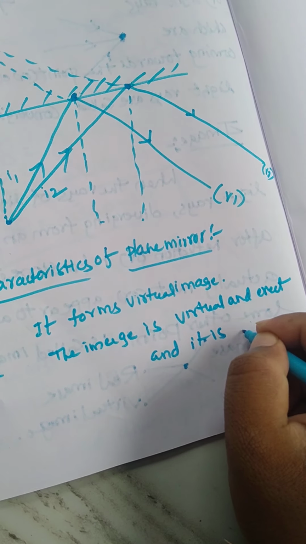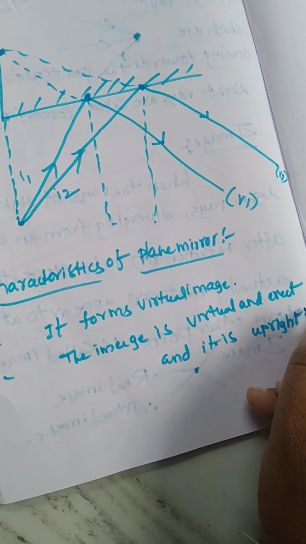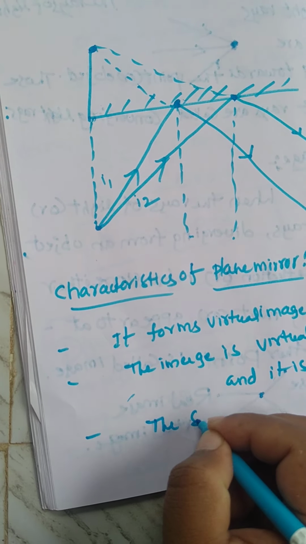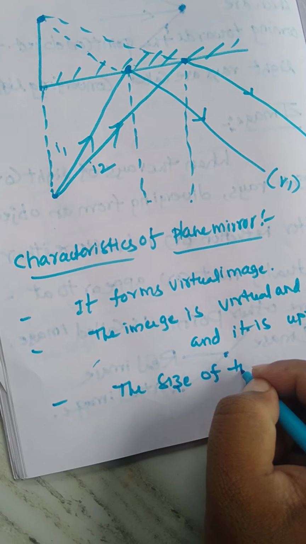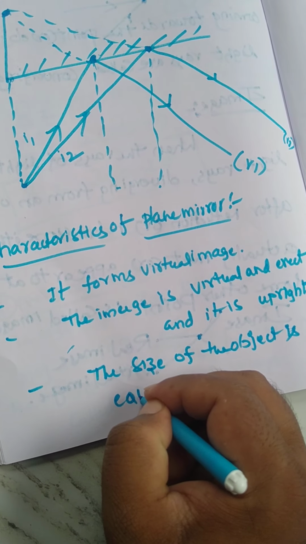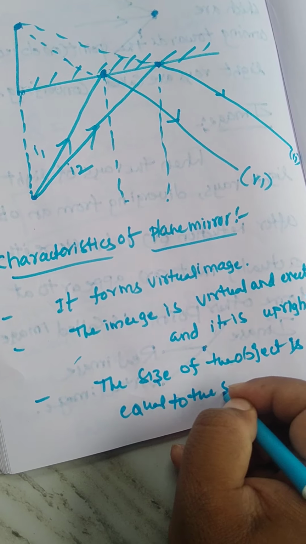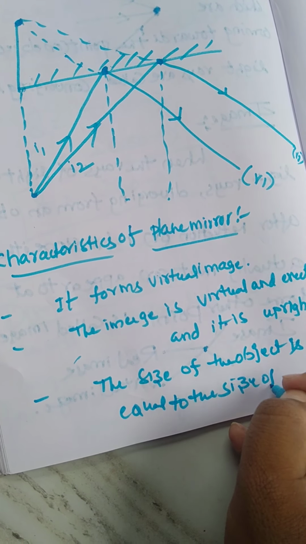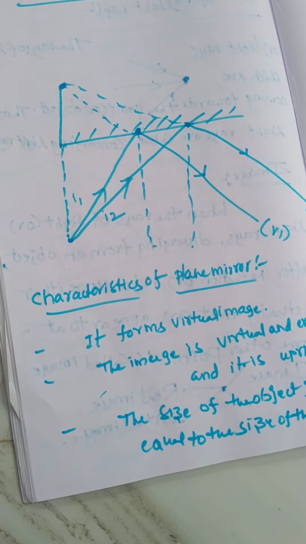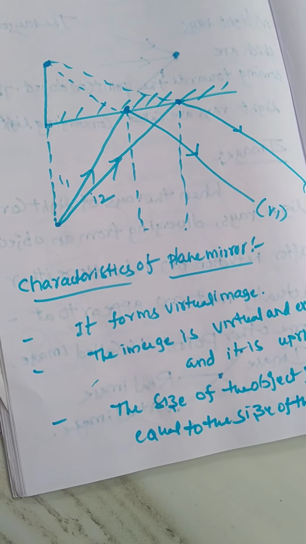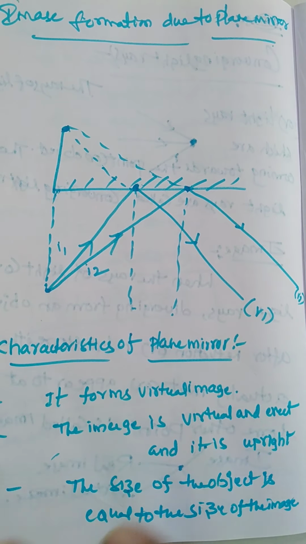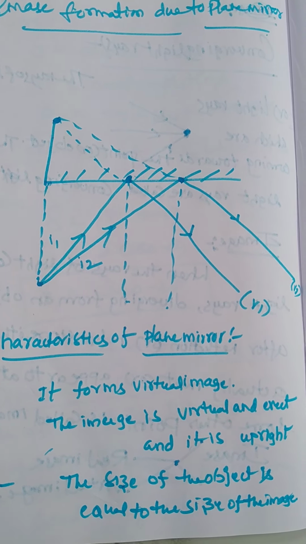And the size of the object is equal to the size of the image. So these are the characteristics of a plane mirror, dear students. Next class I will discuss how to define real image and virtual image, dear students.